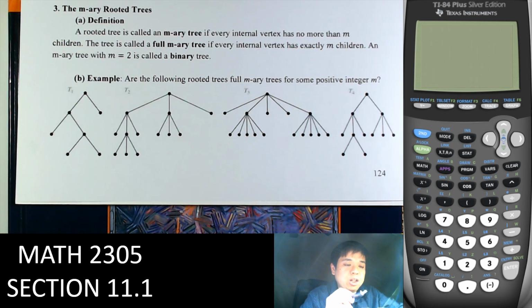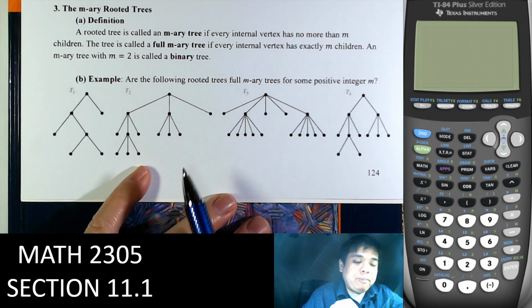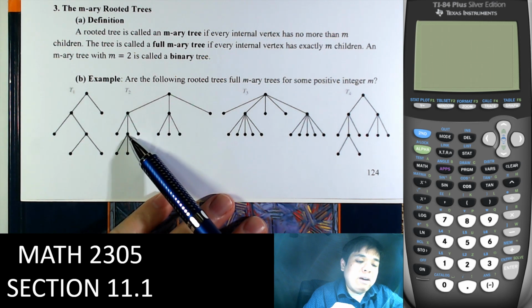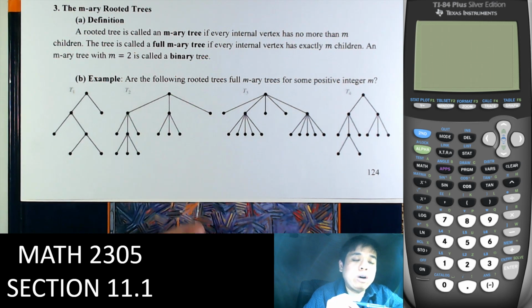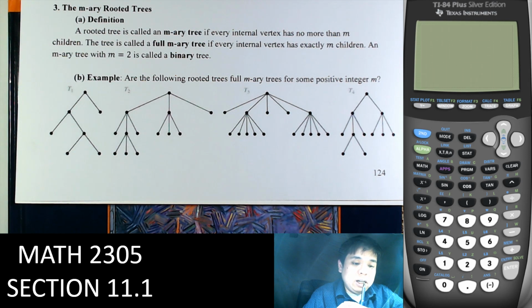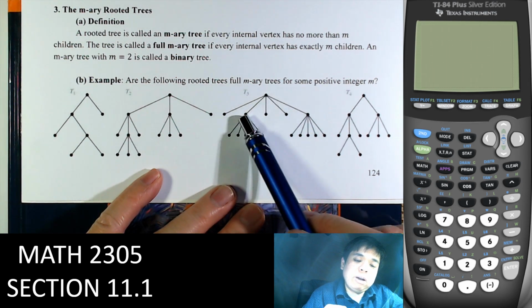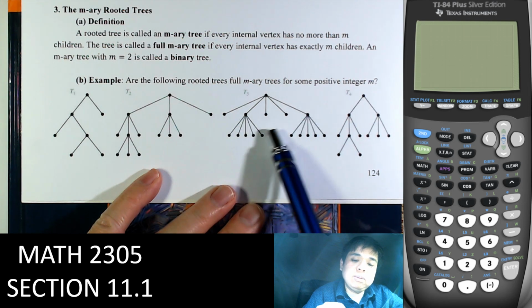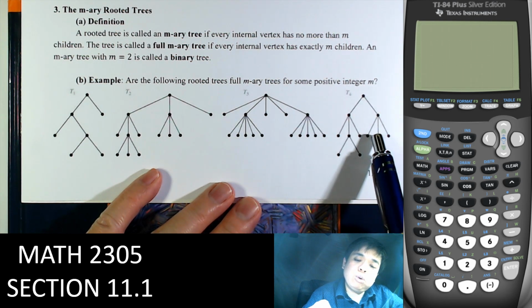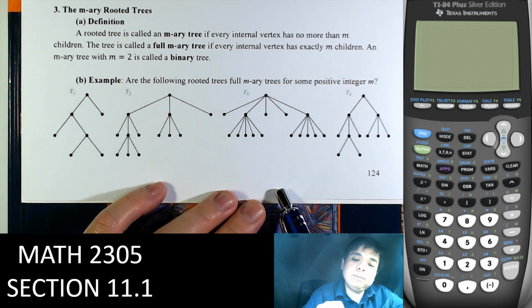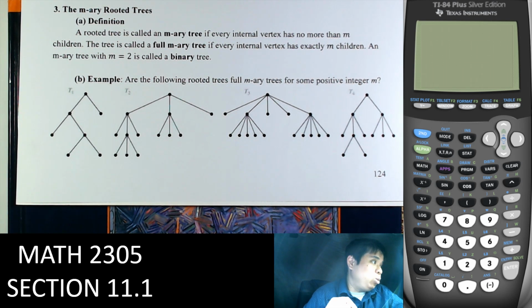And this one will be 3, since every internal vertex has no more than 3 children. This one has 5 children, and this one has sometimes 2, sometimes 3, so it is a 3-ary tree.